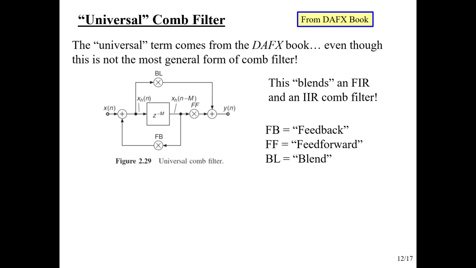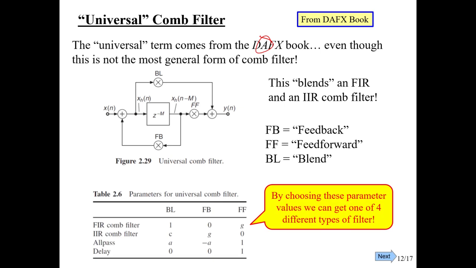And this is coming from an audio book. So this is something that's pretty widely used in various effects. And we'll see this later on when we look at flangers and chorus and delay effects and echoes and things like that. And then they give you this nice little table that says how to set these 3 parameters.